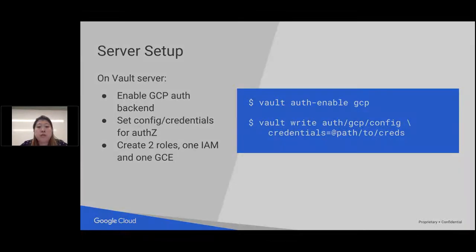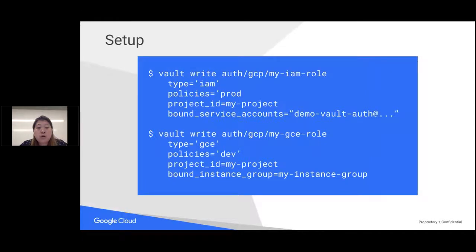And finally, you create two roles, or I created two roles. The first one being an IAM role, and the second one being a GCE role. You can see it's pretty similar to the Kubernetes auth backend, the arguments that you provide, things like policies, and project ID is the GCP project, and then the bound service account or bound instance group is what I'm going to use for my demo.